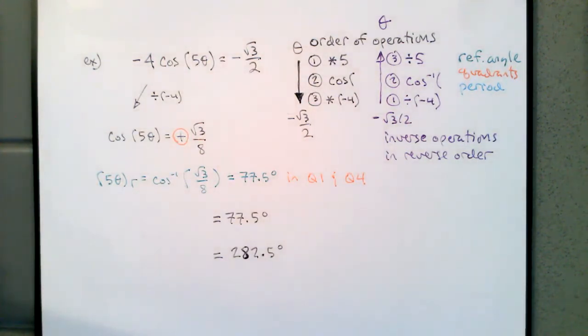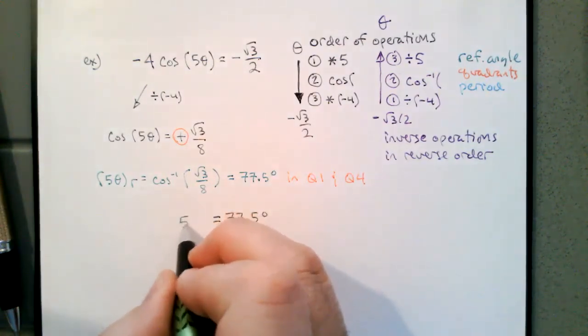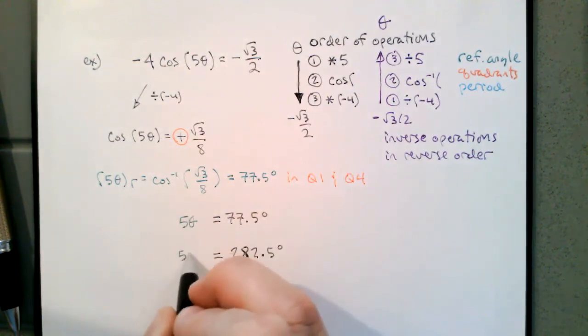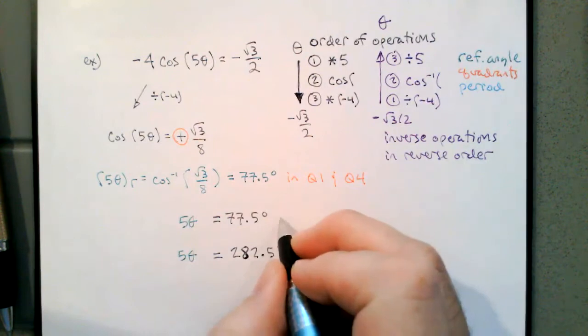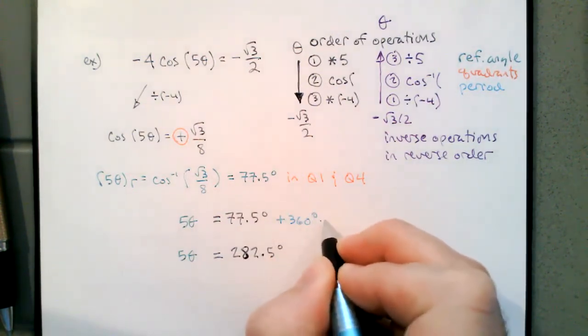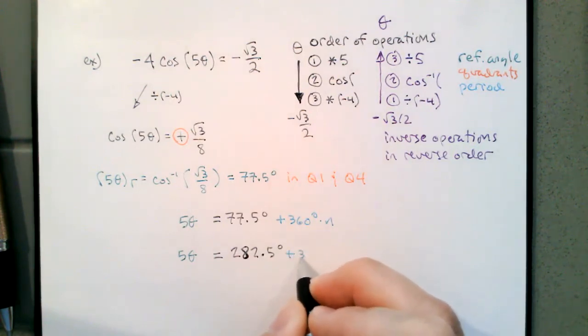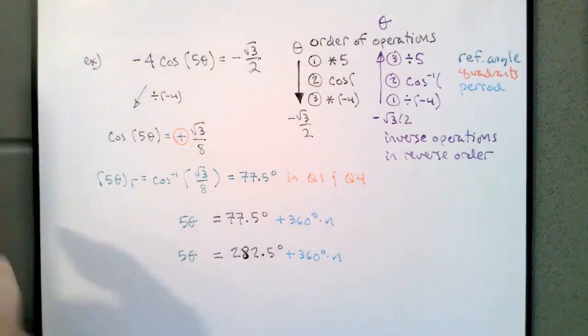Nearest 10th folks are like, oh, okay, that's cool. Significant figures folks are like, oh, dude, what are you doing? Now, these are not thetas. These are 5 thetas. So I have to add full circles. Then we'll divide by 5.